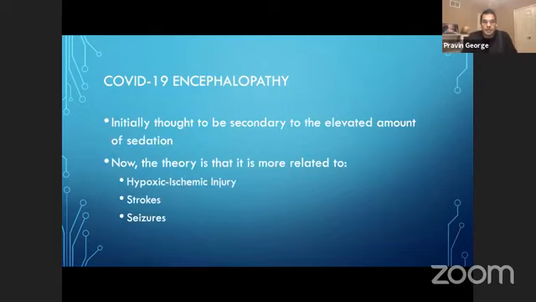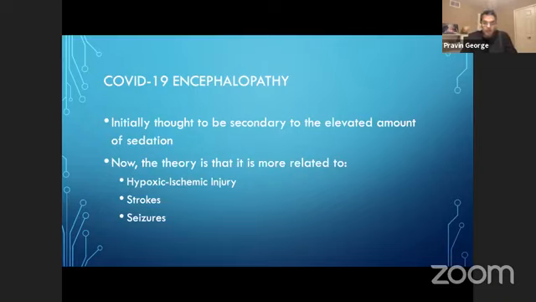Looking at the encephalopathy itself, it was initially thought to be secondary to the elevated amount of sedation, because this was really primarily a respiratory disease. Patients were on very, very high levels of medications, whether that be paralytics and all of the other different sedative agents: Versed, Ativan, propofol, fentanyl.